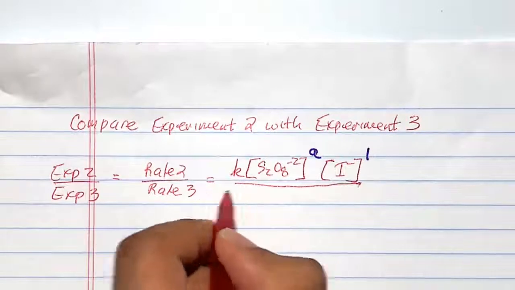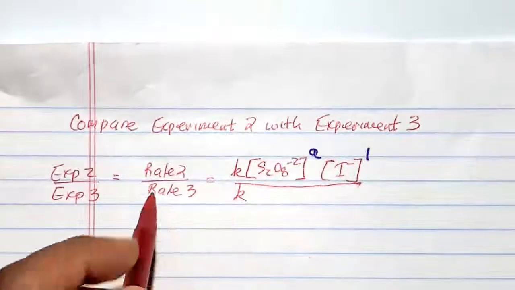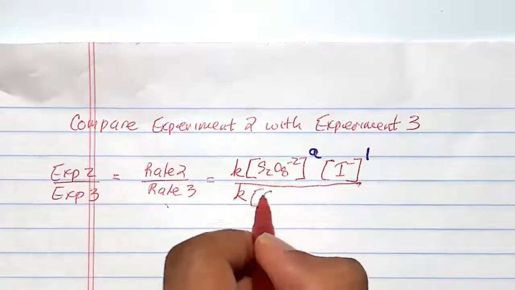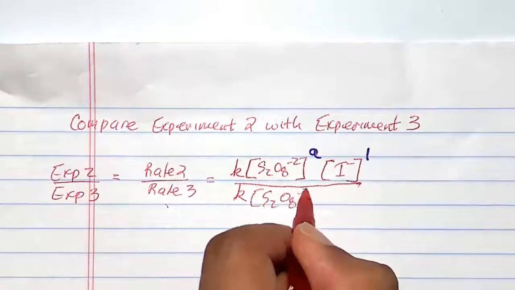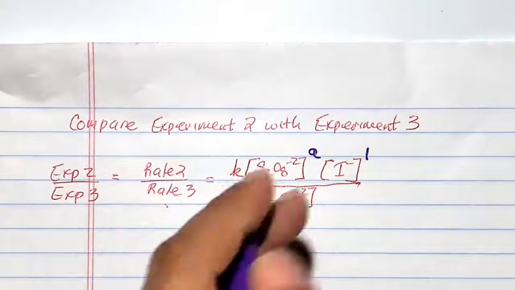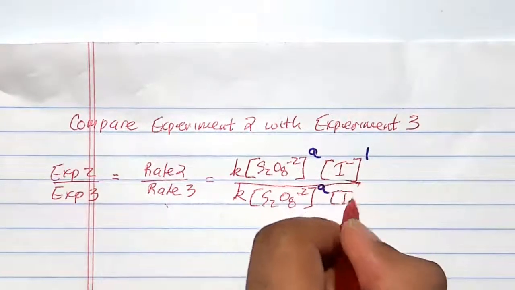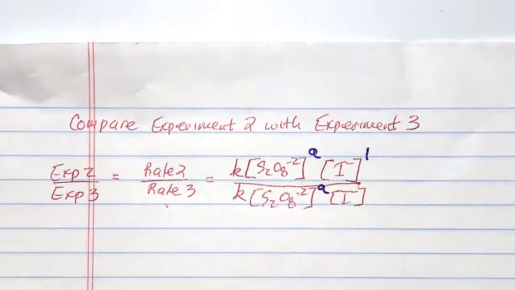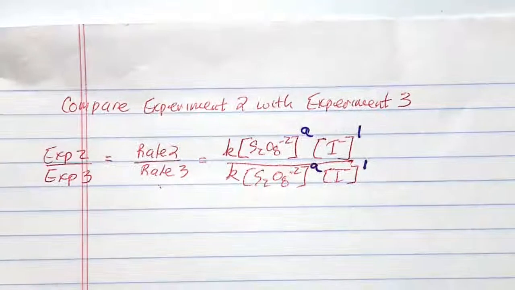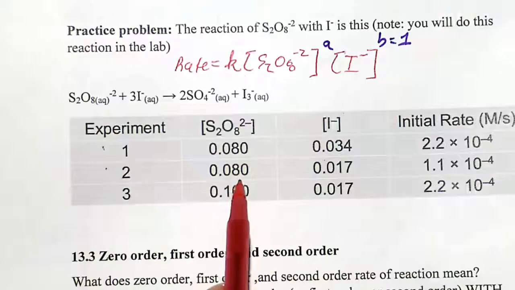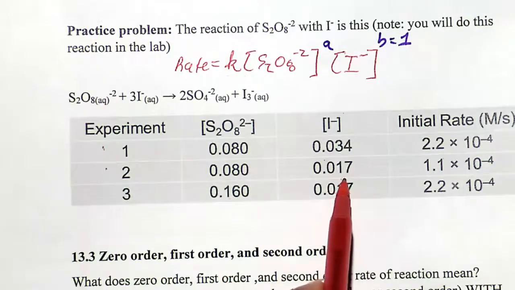That ratio has to equal the rate law of experiment 3, which is also S2O8 2- raised to the order A, and I-, which we know from the previous comparison of the data tables has an order of 1.